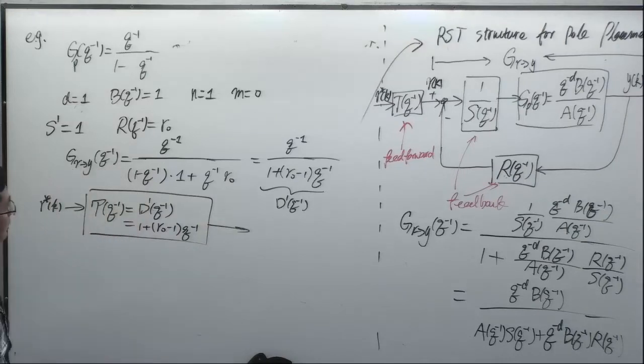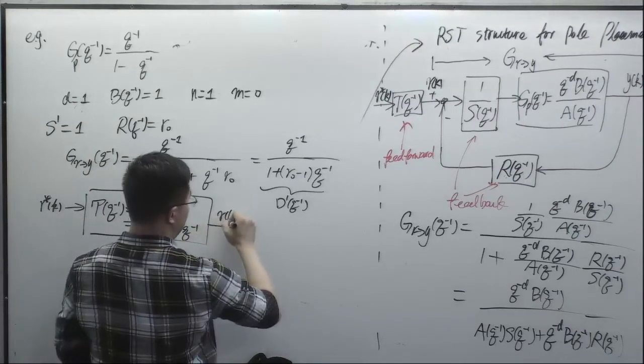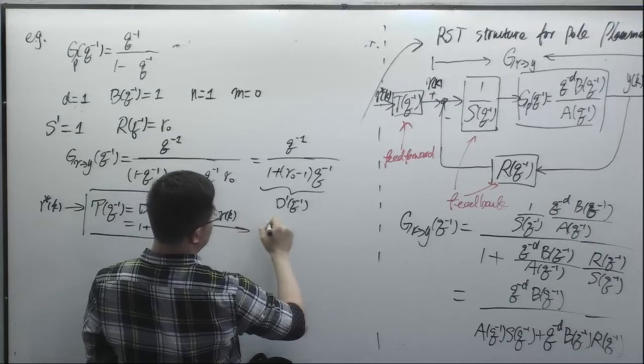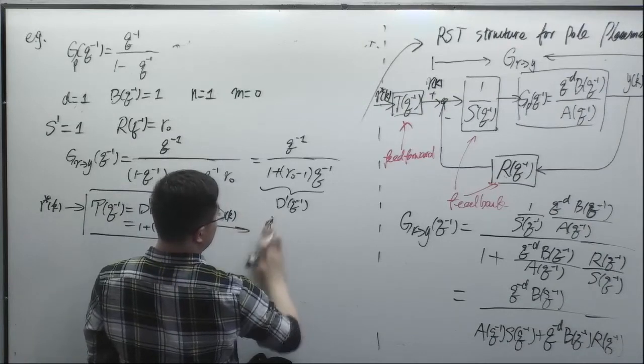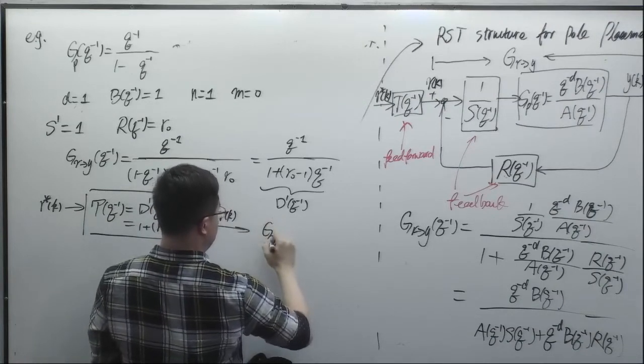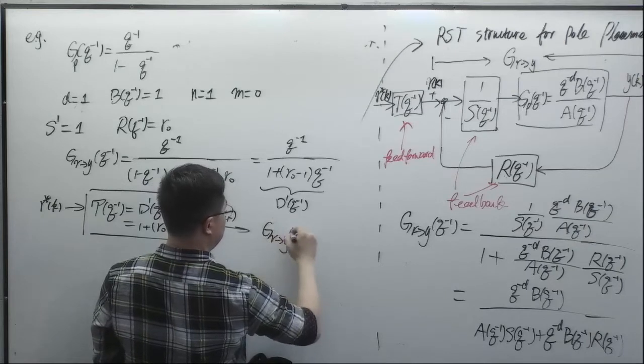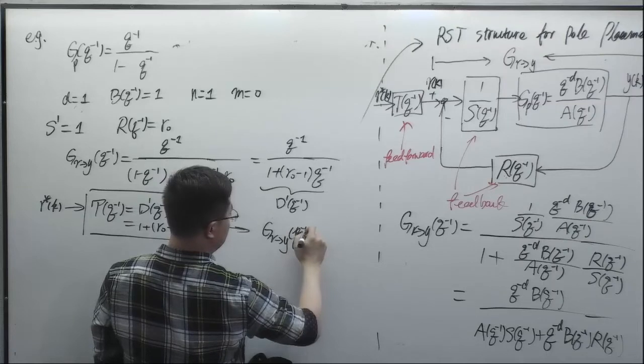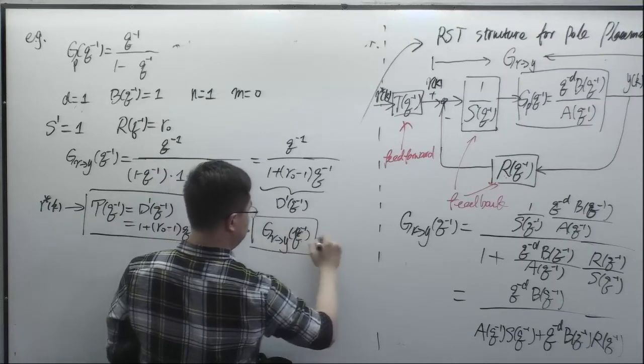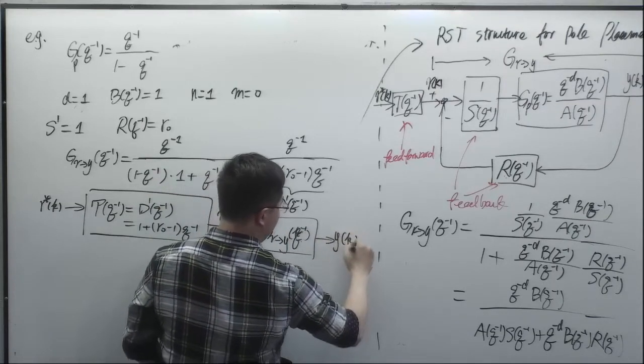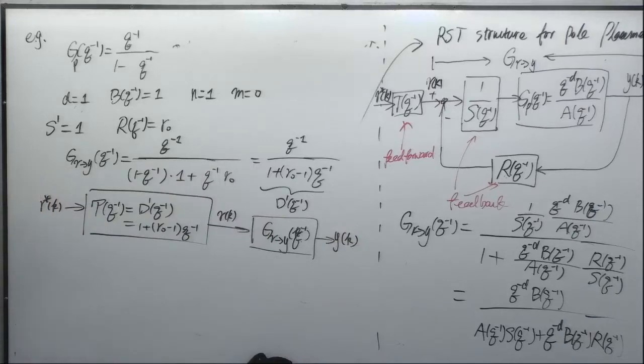And then goes through, this becomes RK, and goes through the closed loop transfer function to generate Y. All right.